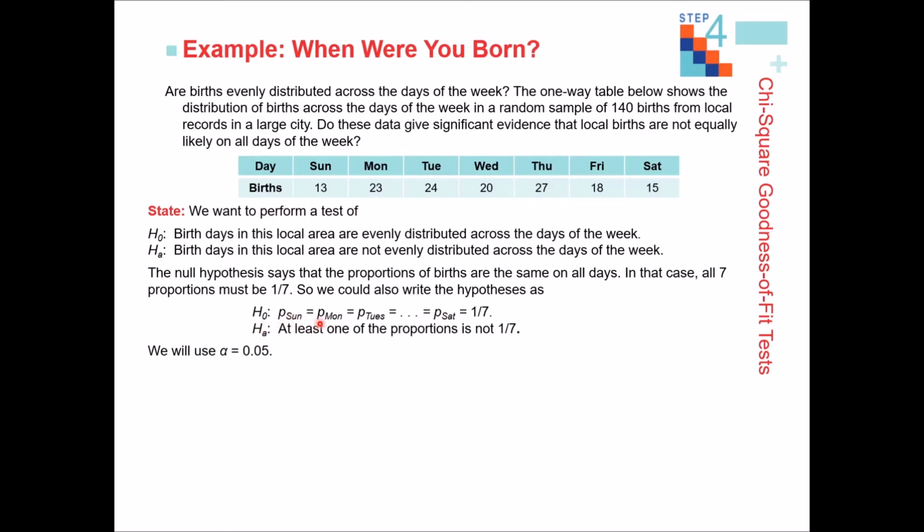We can have P of Sun equals P of Mon equals P of Tues, and so on, and all of these equal 1/7. Of course, the alternative hypothesis there is that at least one of the proportions is not 1/7. When you think about it, it really would need to be at least two proportions that were off, but I'll not split that here today. And we're going to use an alpha level of 0.05.